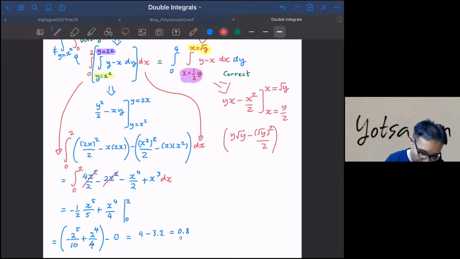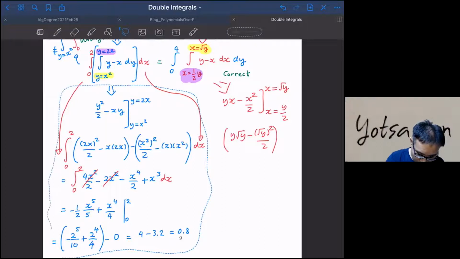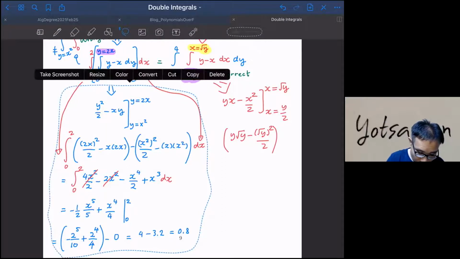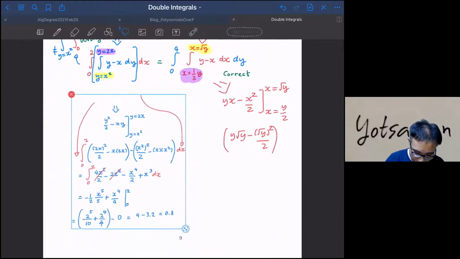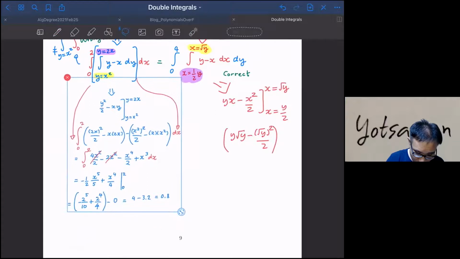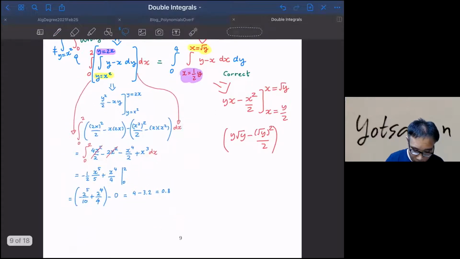Let me resize this a little bit so I can have enough space right now.